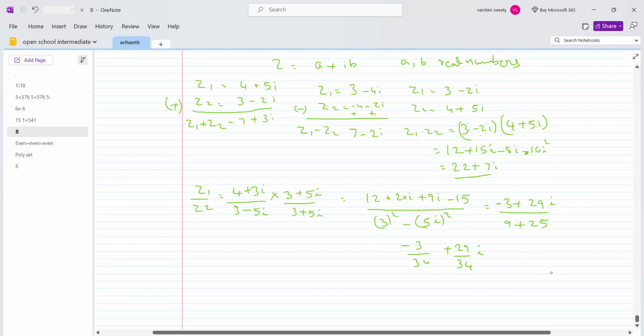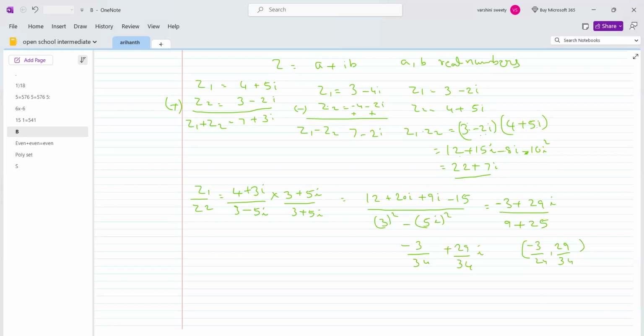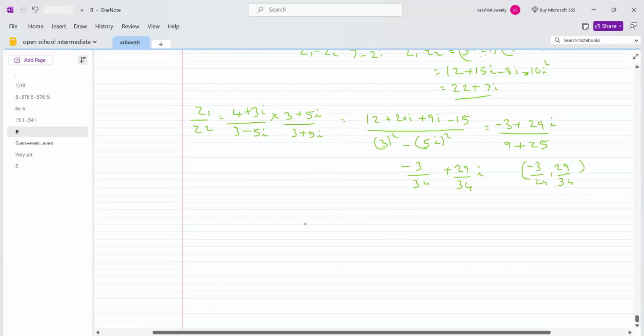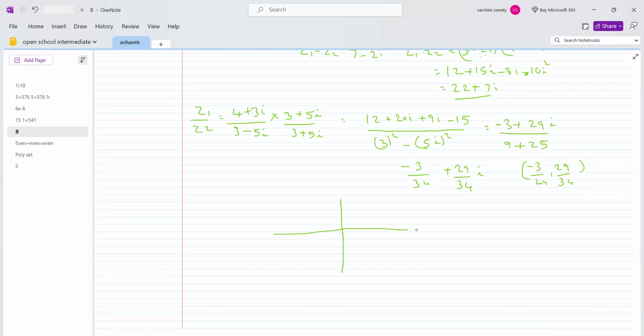So that is division. If I want to express this in coordinates, we can write simply minus 3 by 34 and 29 by 34. It is in the second quadrant. Suppose I want to plot the point, this point is minus 3 by 34 and 29 by 34, in the second quadrant.